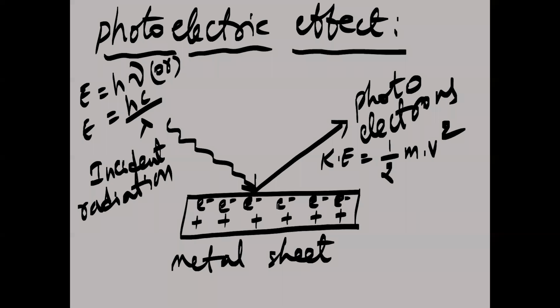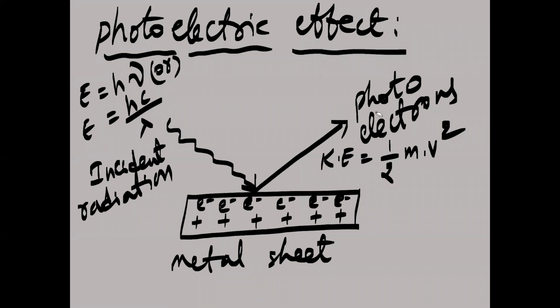Now this attractive force between the valence electrons, the electrons on the surface, and the nucleus should be overcome. When the radiation falls on the surface of this metal, the energy from this incident radiation is absorbed by the electrons on the surface. These electrons absorb this energy and are emitted.